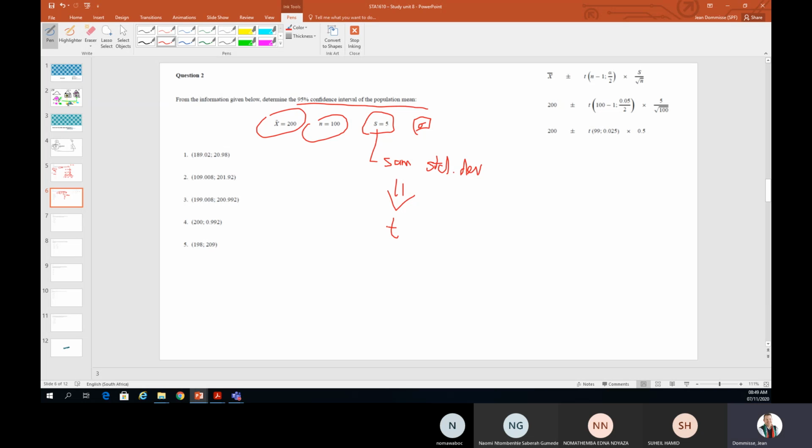Okay, so I think that is important in this question, so that you know nearly the symbols also for what is a sample standard deviation and what's a population standard deviation. That we did way back nearly in study unit 1 when we started explaining all of this.